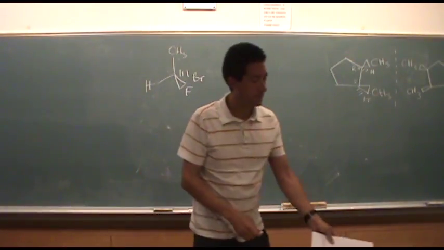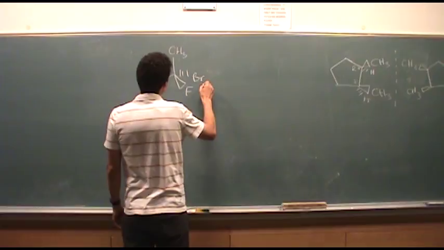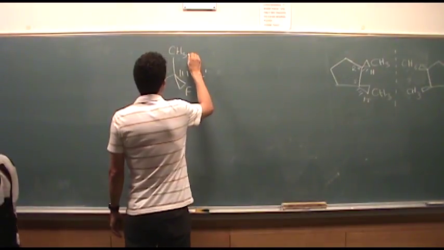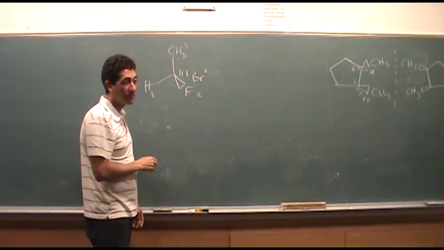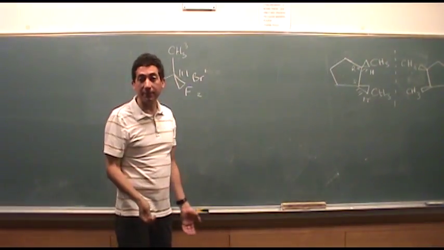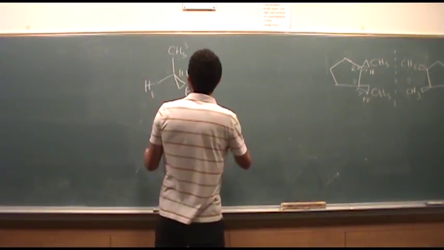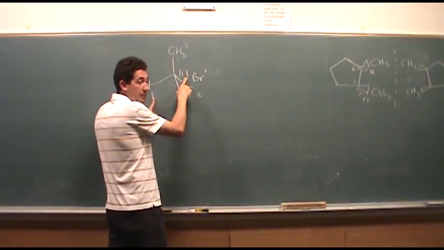Okay. Then you do your order. 1, 2, 3, 4. Are you okay with the order? Okay, if you're doing the paper method for R and S, then you switch the 4 with the dash position.